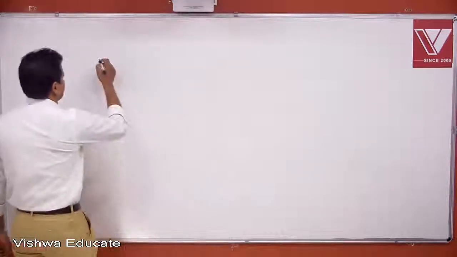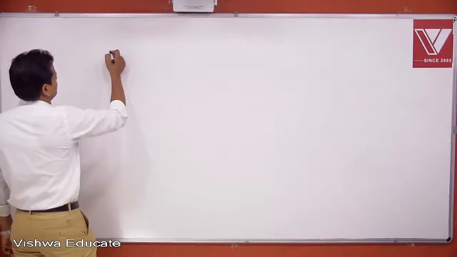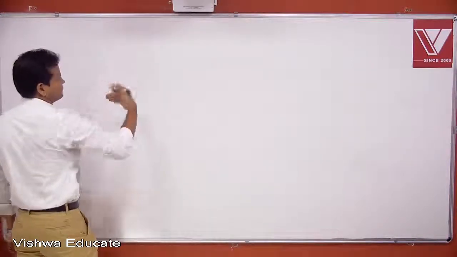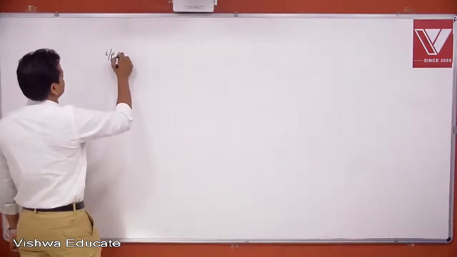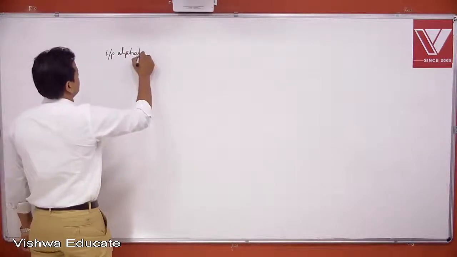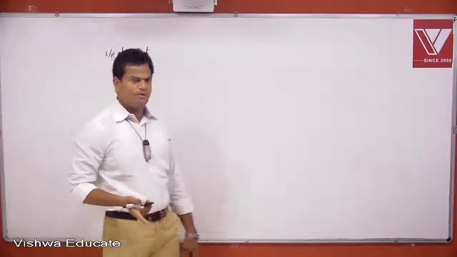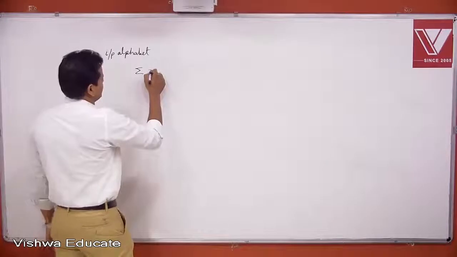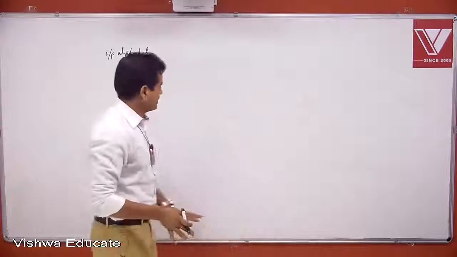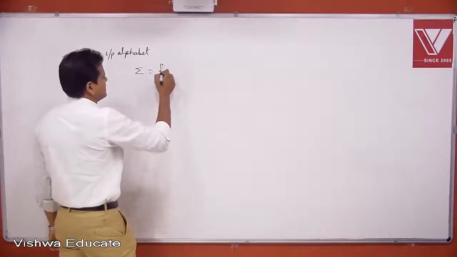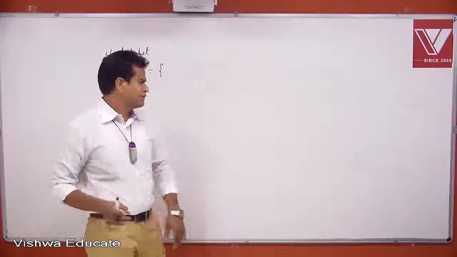What is a language? First of all, we'll start from the input alphabet, that is sigma. Generally the input alphabet we represent with sigma. For this input alphabet there is no prescribed definition, it can have anything, but it must have a finite, countable number of elements.